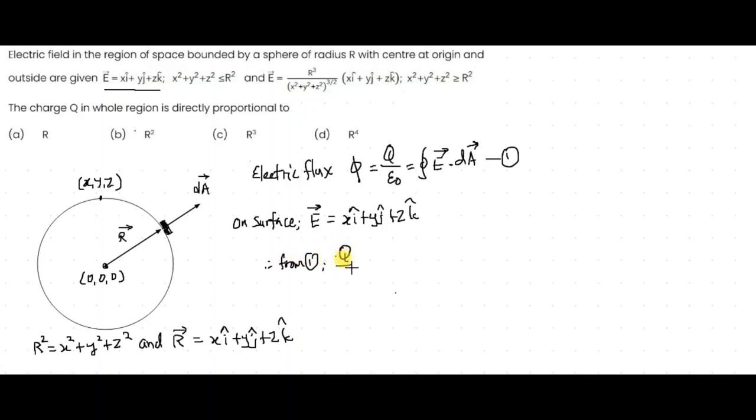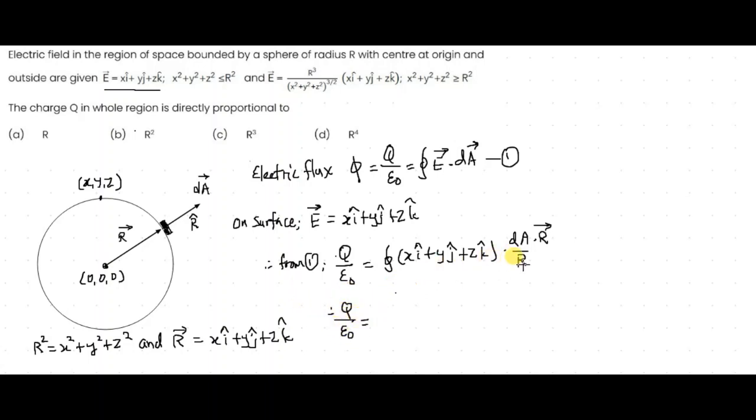q upon epsilon 0 is going to become the integral of xi plus yj plus zk dot dA vector, and this dA vector is basically magnitude of area into unit vector. Now this unit vector is basically r cap, and r cap can be written as r vector upon r. So it is q by epsilon 0.